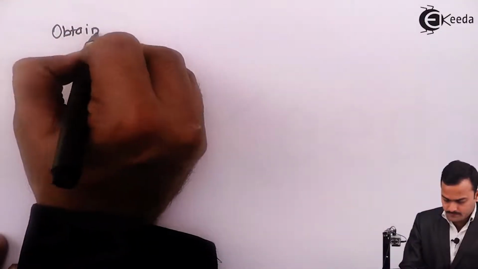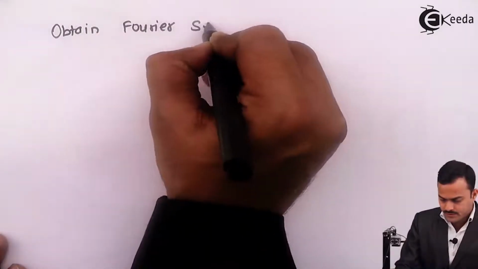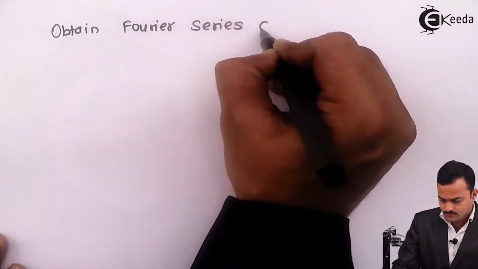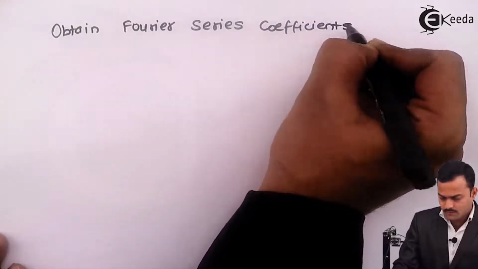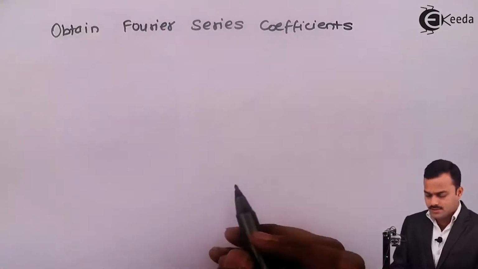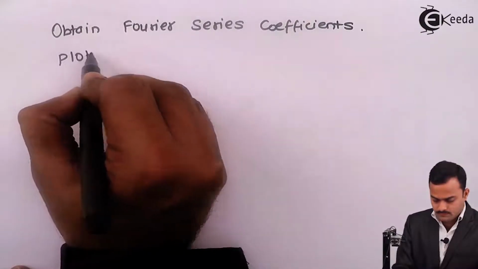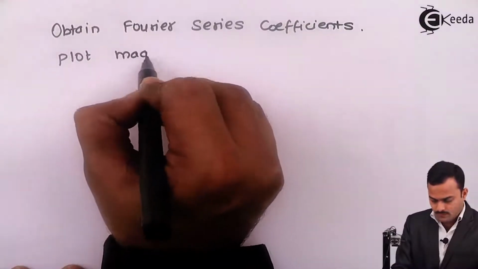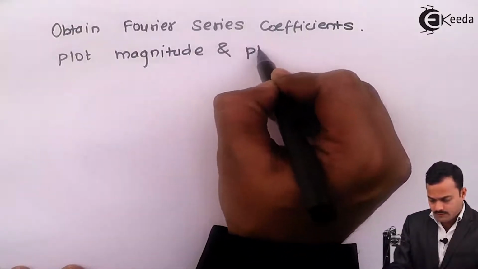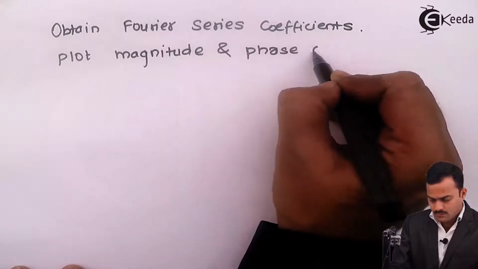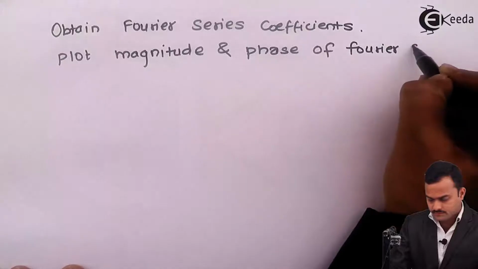We have to obtain Fourier series coefficients of the equation given, plus this time we have to plot magnitude and phase of Fourier series coefficients.